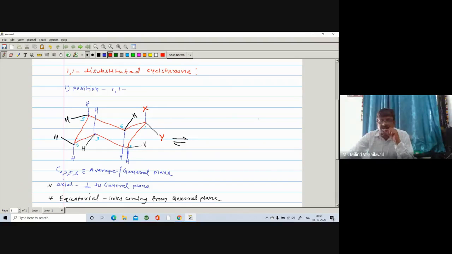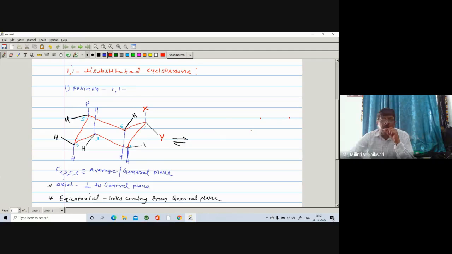So here is your 5, and here is your 6. Suppose here I write 6, here is a 5, and here is your 6 on this carbon.